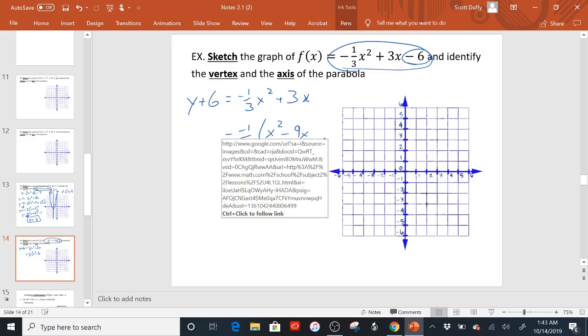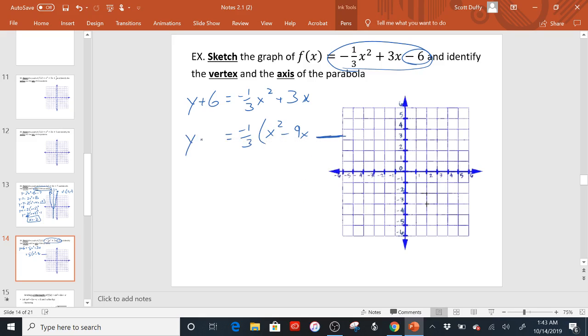And then I have to figure out, okay, what is this number that I'm adding to both sides? Well, you have to take your b value, negative 9, divided by 2, and you square it. And that is going to be 20.25.